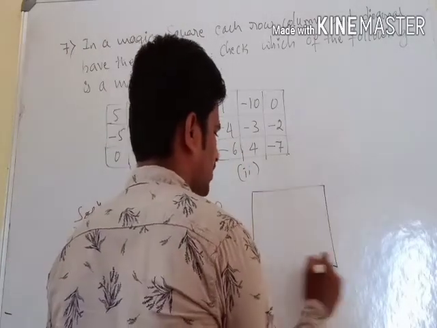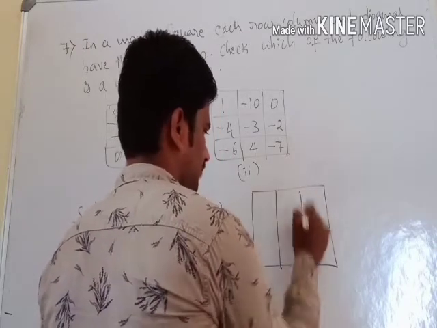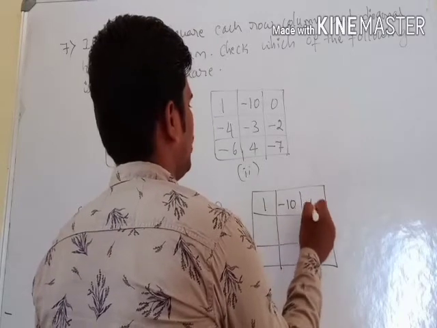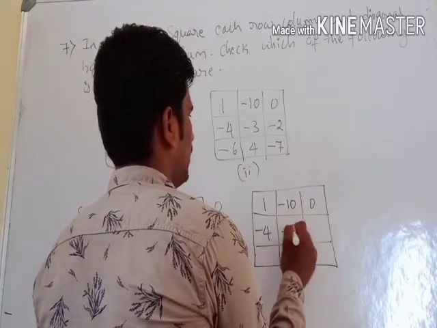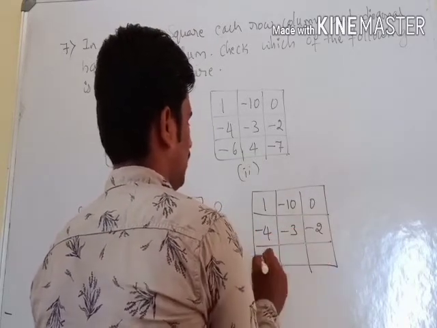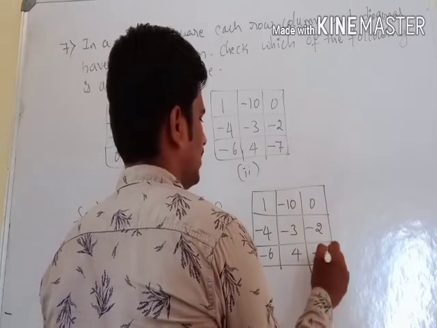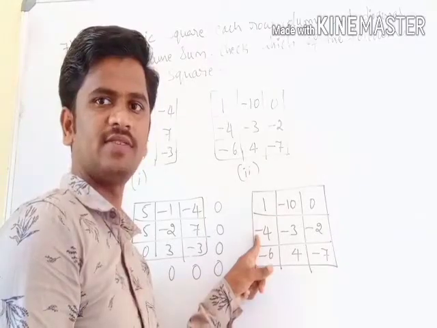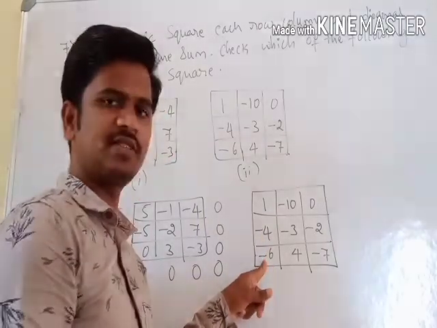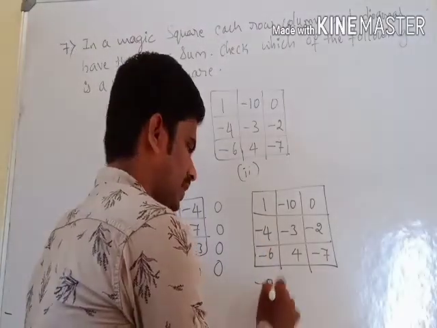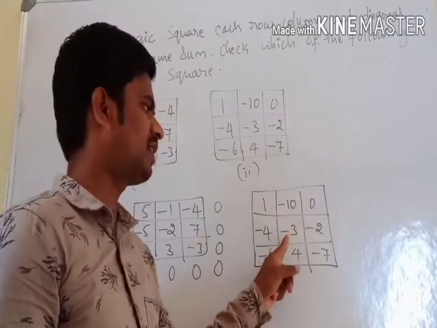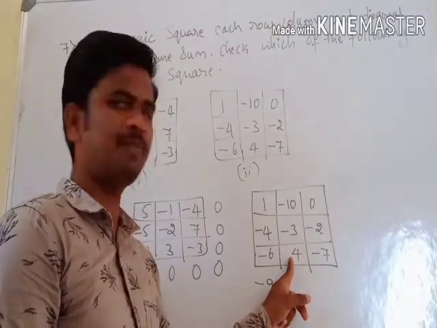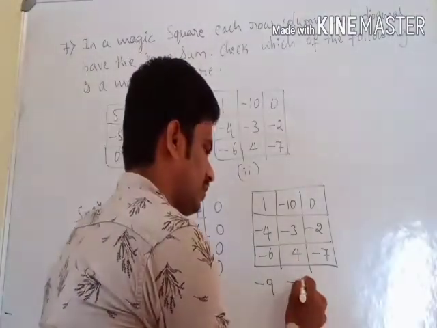Similarly, check for the second one. Here the given numbers are 1, minus 10, 0, minus 4, minus 3, minus 2, minus 6, 4, minus 7. Now 1 minus 4, minus 3, minus 3, minus 6, so minus 9. Next, minus 10, minus 3, that will become minus 13, minus 13 plus 4, so minus 9.